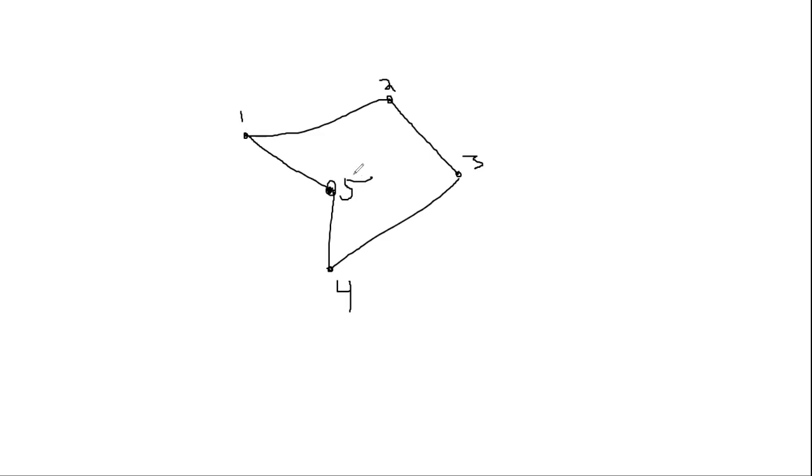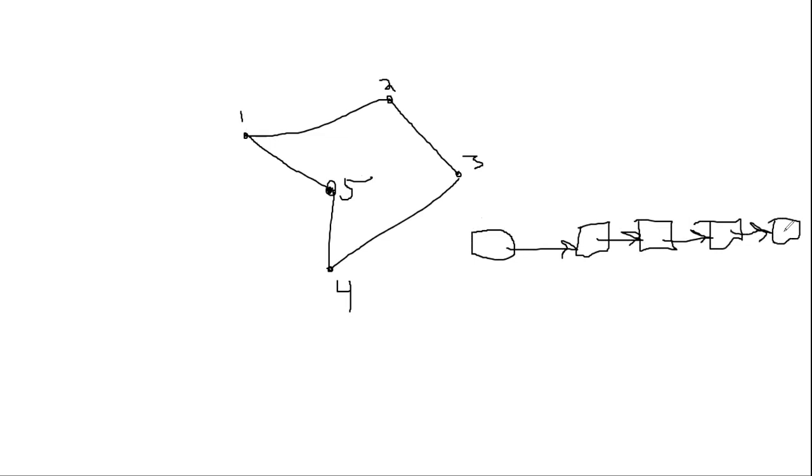Okay? So if I were to do this in a linked list, I would need 1 to go to 2, to go to 3, to go to 4, to go to 5, and 5 should come back to 1. If this were a doubly linked list, it would have pointers pointing back.